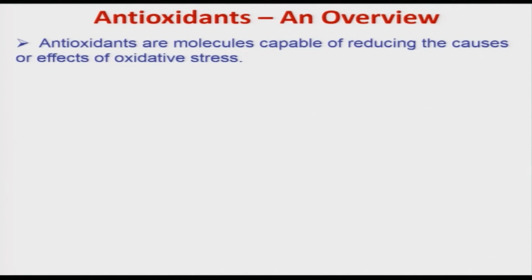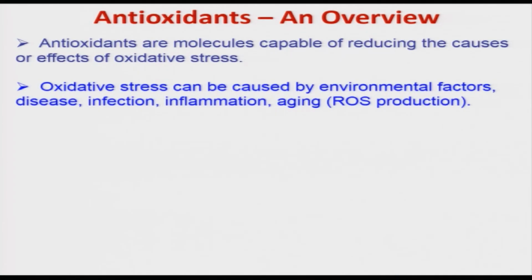Now, let me talk a little bit about antioxidants. Antioxidants are molecules capable of reducing the cause or effects of oxidative stress. Oxidative stress can be caused by environmental factors, diseases, infection, inflammation, aging, as I have just shown, that is ROS production, reactive oxygen species production.